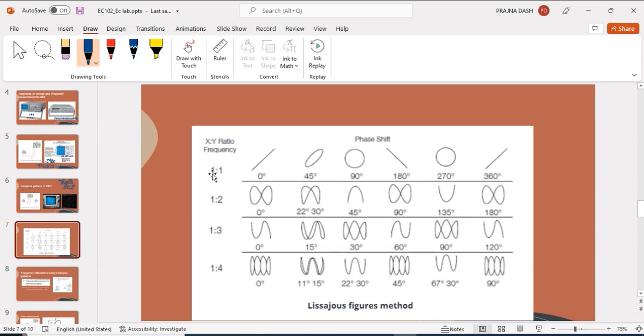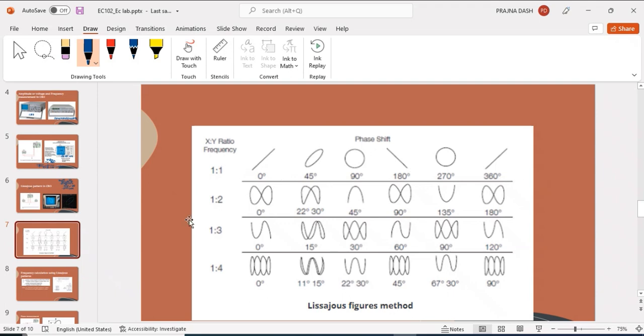In that case, which kind of pattern will we obtain? If the phase difference is 0, we get a single tilted line towards the right side. If there is a 45-degree phase difference, we get an ellipse. If there is a 90-degree phase shift, we get a circle. Likewise, as per the phase difference, we obtain different types of patterns.